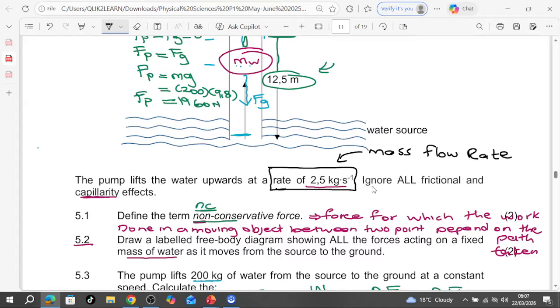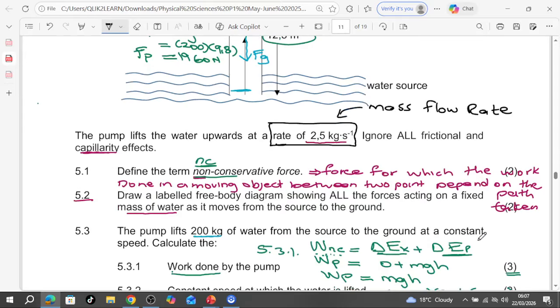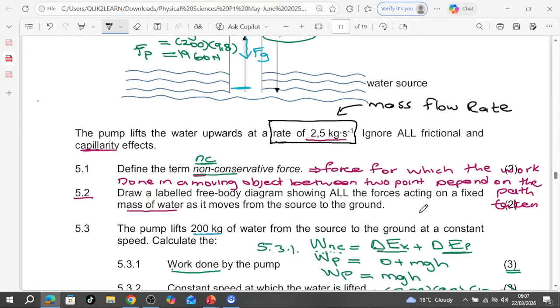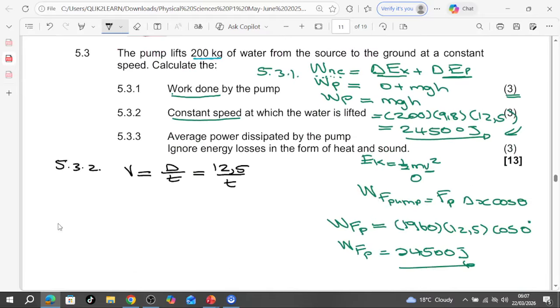So if this is the mass flow rate, the question that you need to ask yourself is, what is the formula that we use to calculate the mass flow rate? The formula for mass flow rate is equal to the mass, which will be the mass of the water, divided by the time.